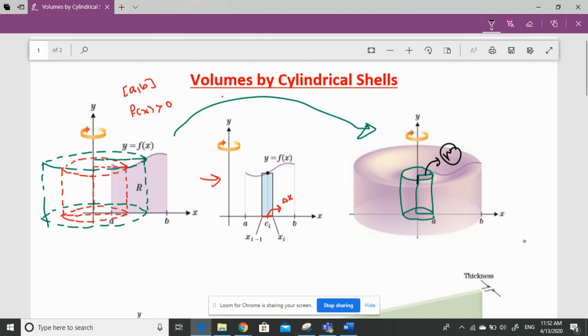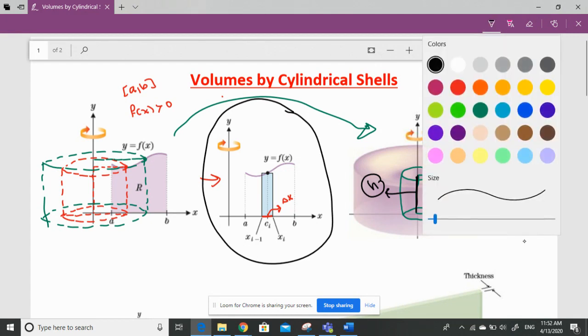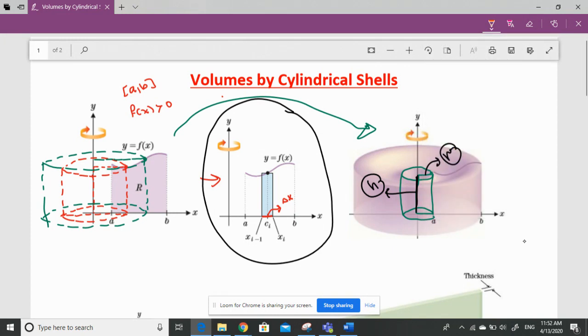Also, I have a height, which is h. How can we talk about r and h from this graph? R is the value from here to here. This one. So this is the r.